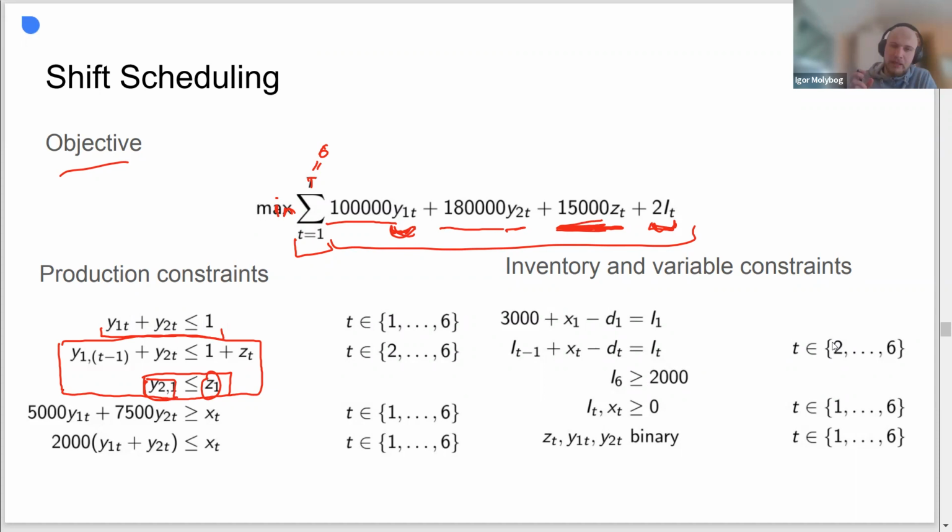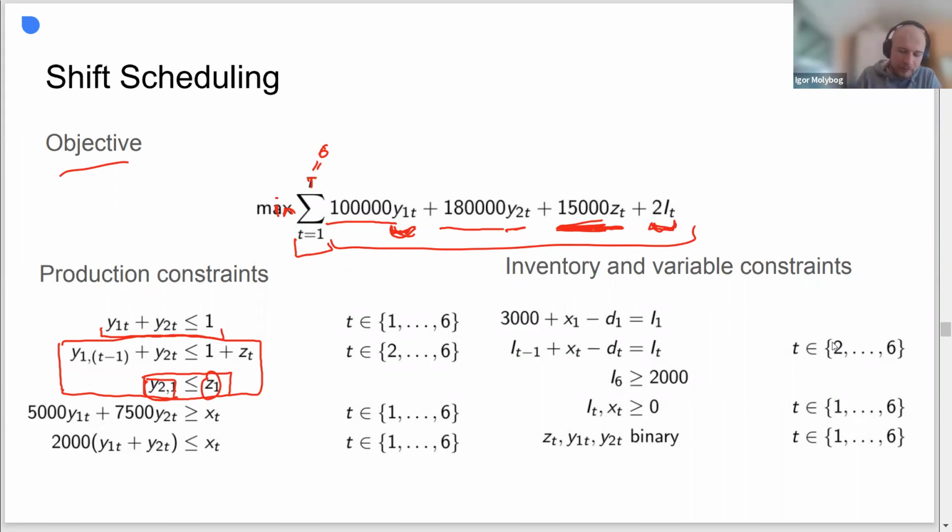And this line of thought is often used while you're formulating problems like this. Reasoning about what can be an optimal solution and what cannot be an optimal solution often helps you in formulations a lot.